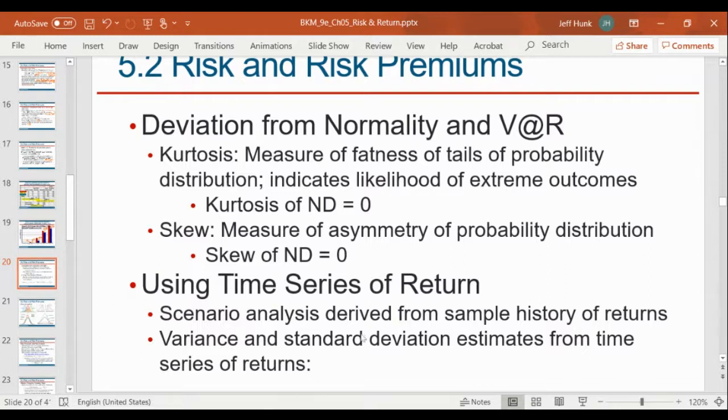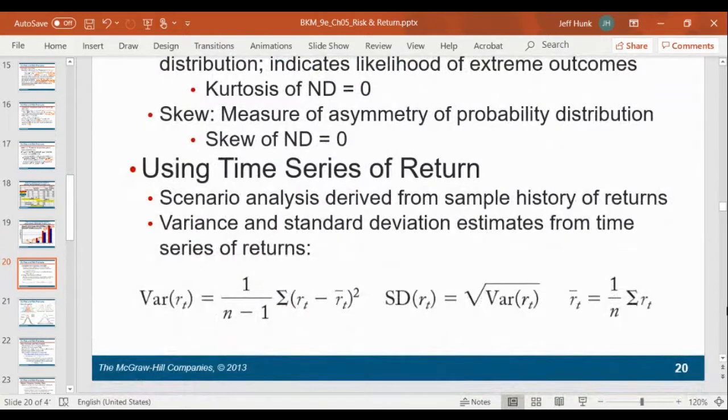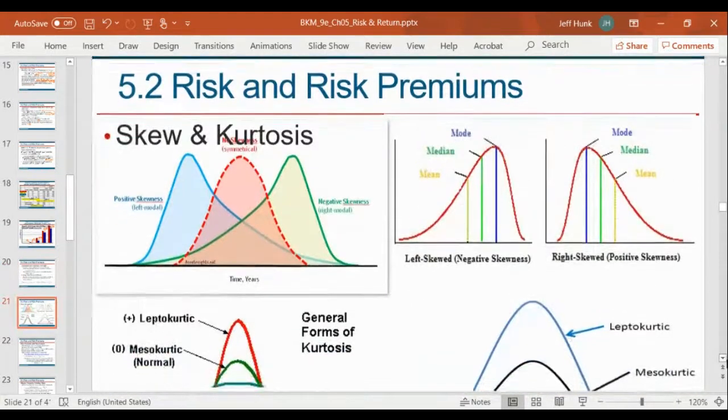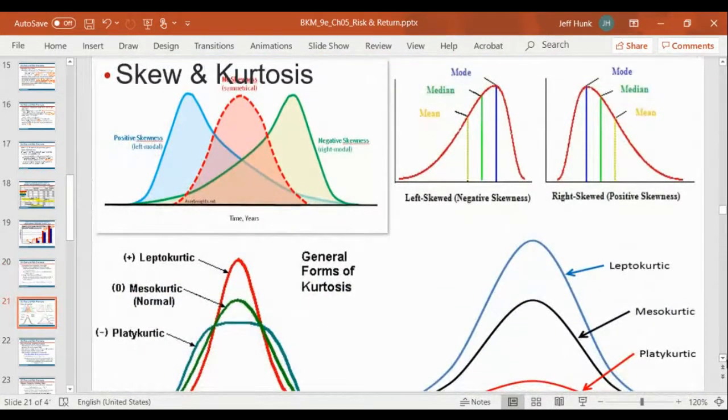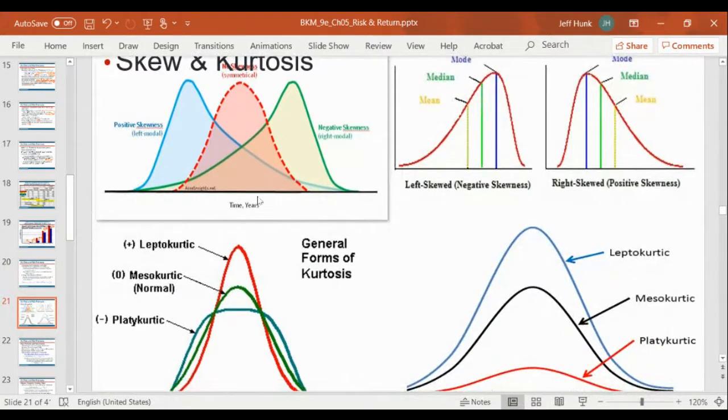Okay, and even the actual workings of the economy deviate from normality, right? And deviation from normality can be captured by a few things, like skew and kurtosis.